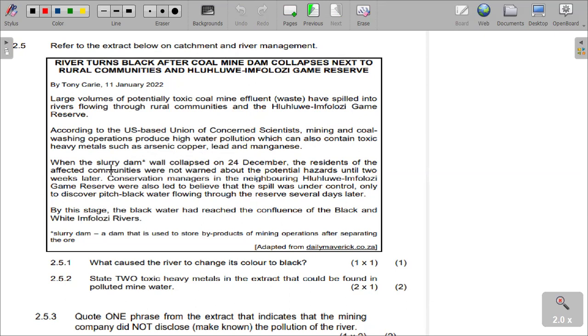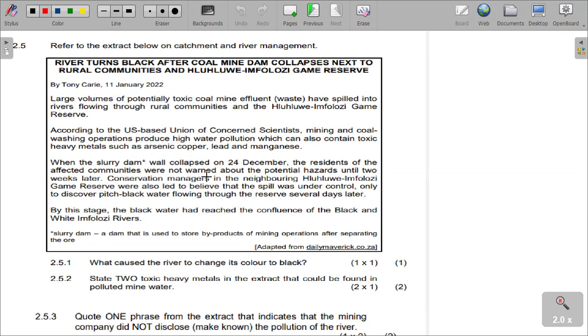When the slurry dam collapsed on 24 December, the residents of the affected communities were not warned about the potential hazards until 2 weeks later. Conservation managers in the neighboring Hluhluwe-Imfolozi Game Reserve were also led to believe that the spill was under control, only to discover pitch black water flowing through the reserve several days later. By this stage, the black water had reached the confluence, which is the joining point of the Black and White Umfolozi rivers.